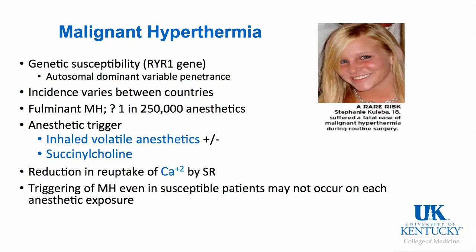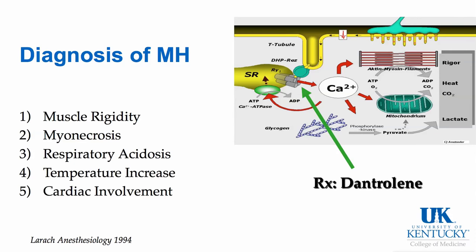It used to be about 90% fatality without dantrolene. Now we think of it as about 10% mortality because we have a drug, dantrolene, which affects calcium metabolism, and calcium is the problem inside the cell.